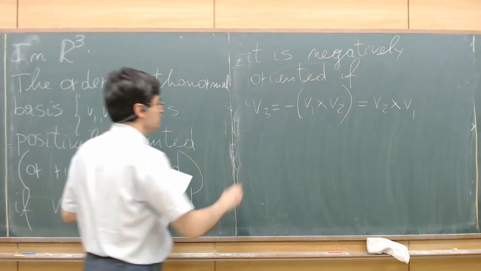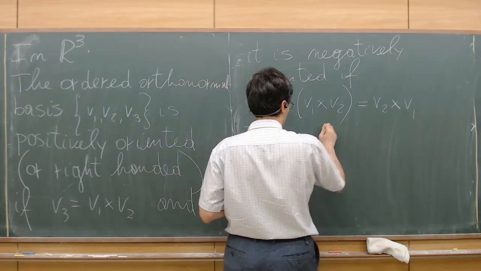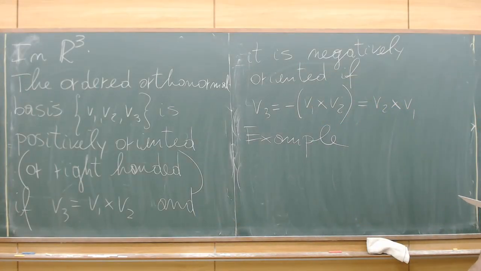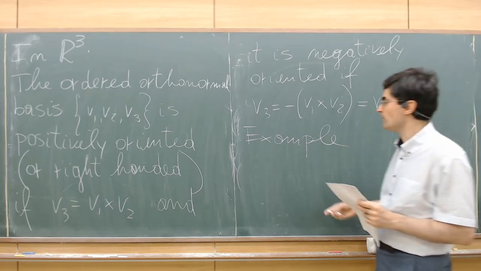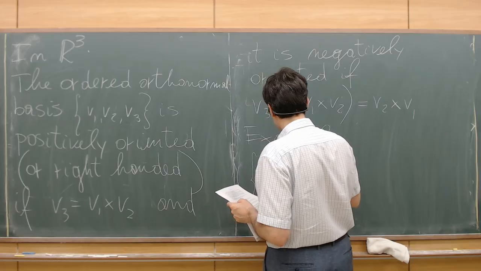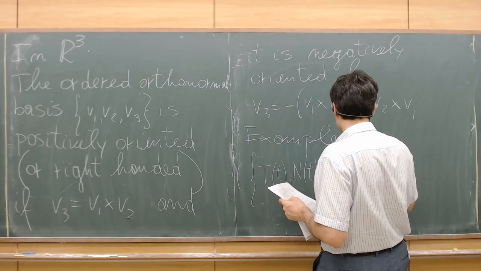So example, there is an ordered orthonormal basis that we know very well. It is the vectors T of t, N of t, B of t, the Frenet frame.